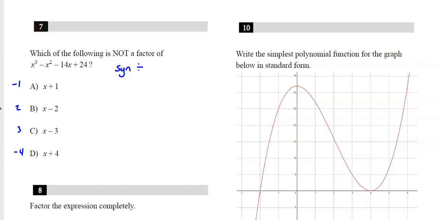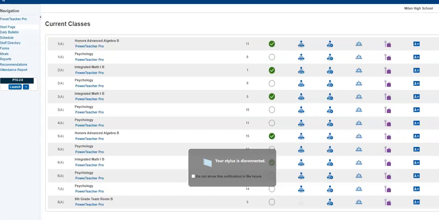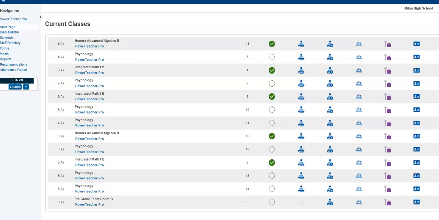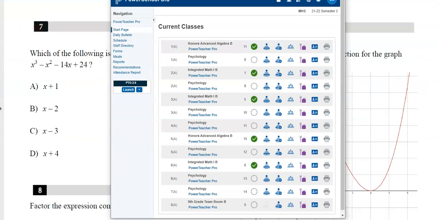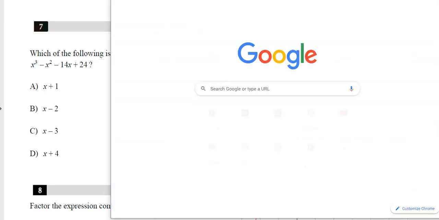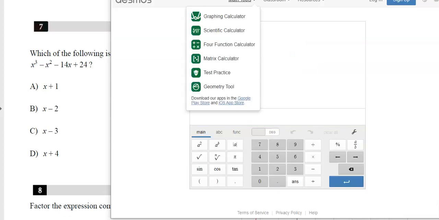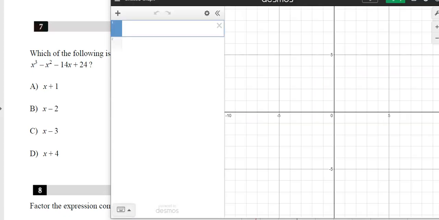So let's use Desmos. Let me see if I can do this. Kind of bring this window up and shrink it down a little bit so we can see our original problem. And let's pop in Desmos here. We want the graphing calculator.